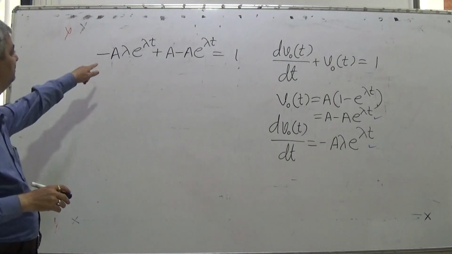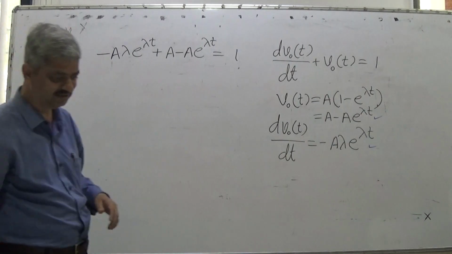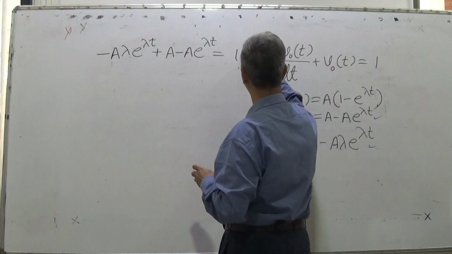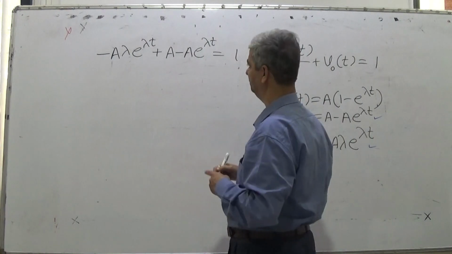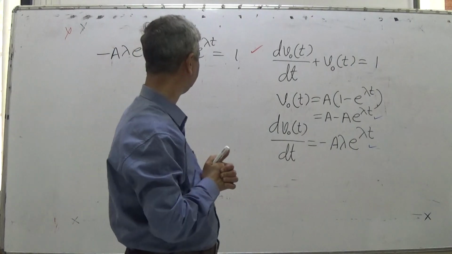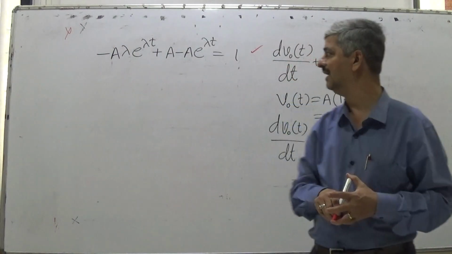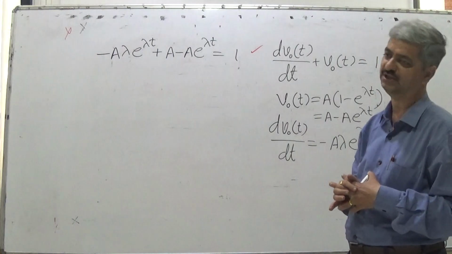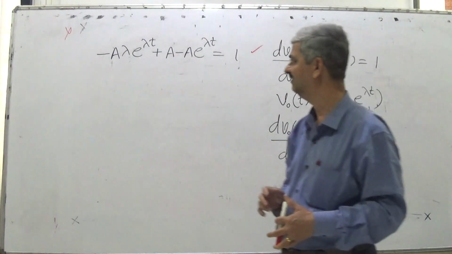So this is the equation, and from this you can get the values of both A and lambda in a simple way.